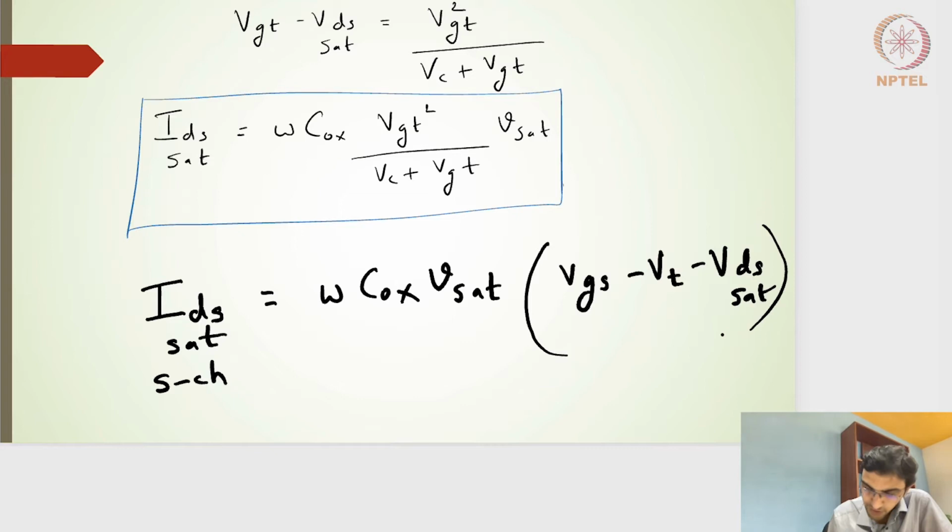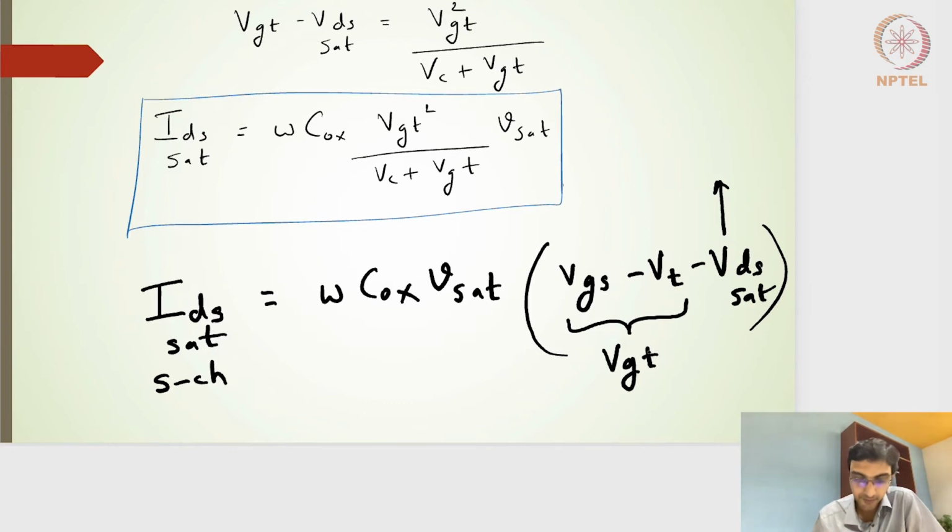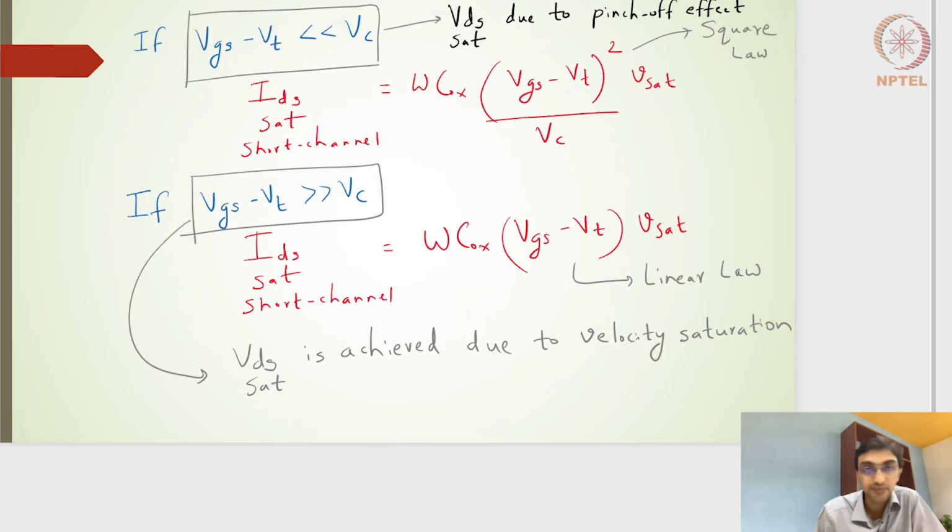If I put VDS saturation as the parallel combination of VC and VGS minus VT, we arrive at this expression. For simplification, VGS minus VT we have taken as a term VGT. So this expression is W C oxide V saturation and VGS minus VT the whole square, divided by VC plus VGS minus VT. Hope this is clear to everyone.